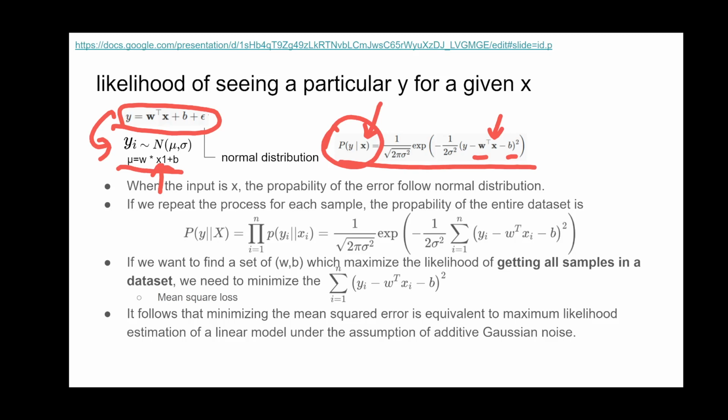For a specific x, we can use this to get the probability of y. If we repeat the same process for each sample, we get a set of x, and it will produce a set of y here. So this will be the probability of the entire data set.